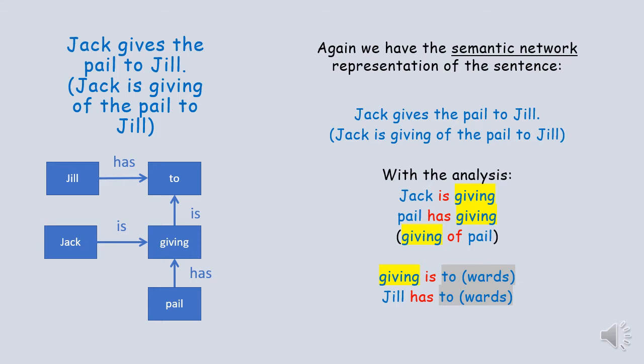Pail has giving, again two nodes there, giving and pail linked by has. And finally the giving is to, represented by giving and two nodes linked by is. And in conclusion, Jill has to, represented by Jill and two nodes linked by has.